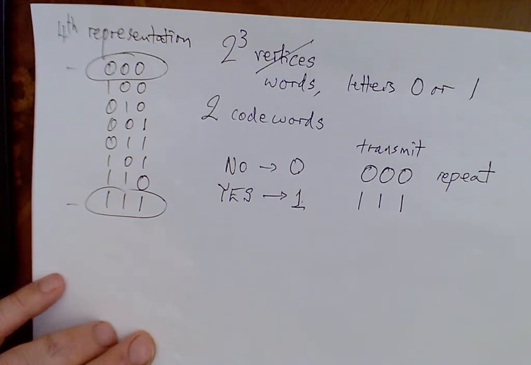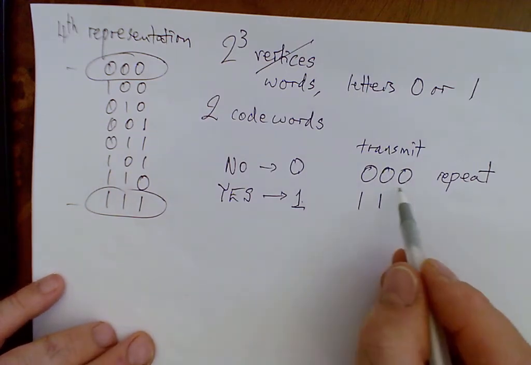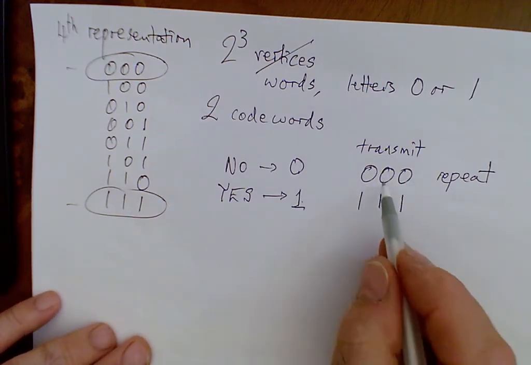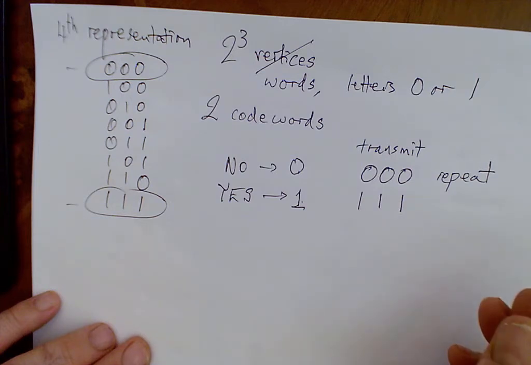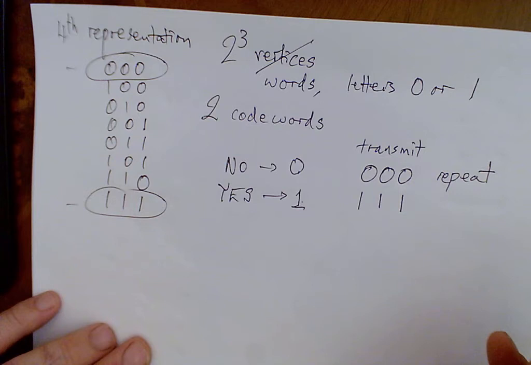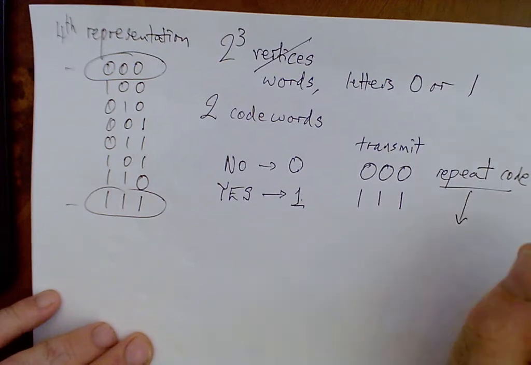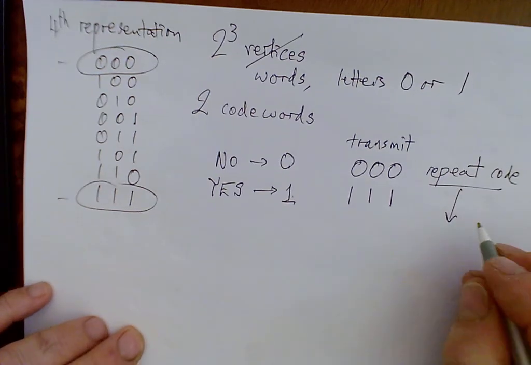And why do I need 3, say not 2? Well, the point about 3 is that even if one of the characters is changed, is corrupted, we can understand what the original message was. So this code, this is a repeat code, and it does what's called it corrects one error.